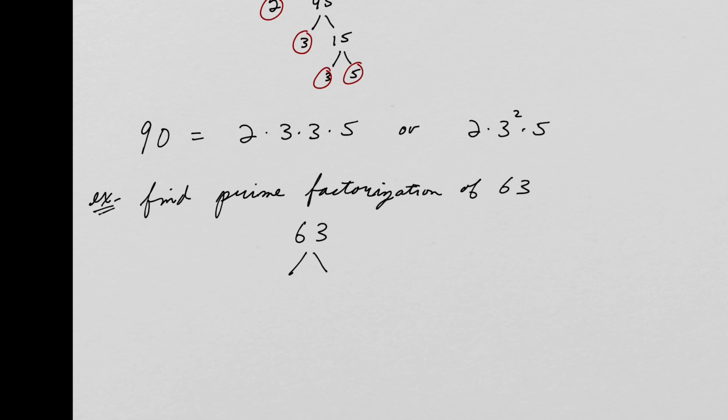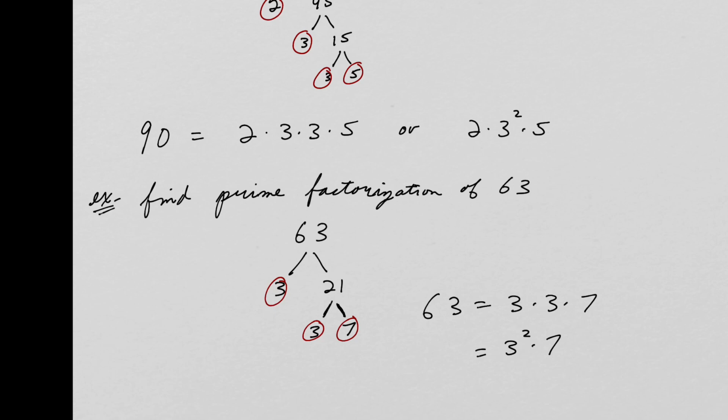So it must go in, and if you work this out, it goes in 21 times. So then I branch off to 21. Does 3 go into 21? Yeah, 3 goes into 21 7 times, right? And 7 is also prime, so now I can stop. And we know that 63 is the same as 3 times 3 times 7, right? That's the prime factorization. Or I could write it as 3 squared times 7.